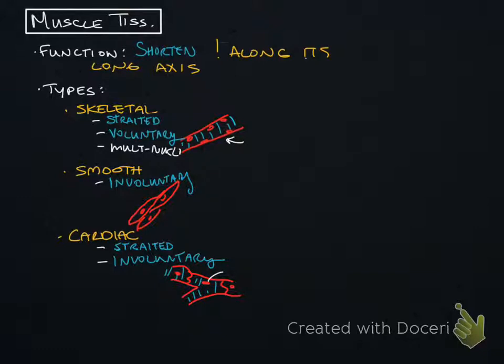What else? The smooth muscle looks different. It is spindle in shape, whereas cardiac muscle is branched. And it also has these neat features that connect one cell to the other called intercalated discs.